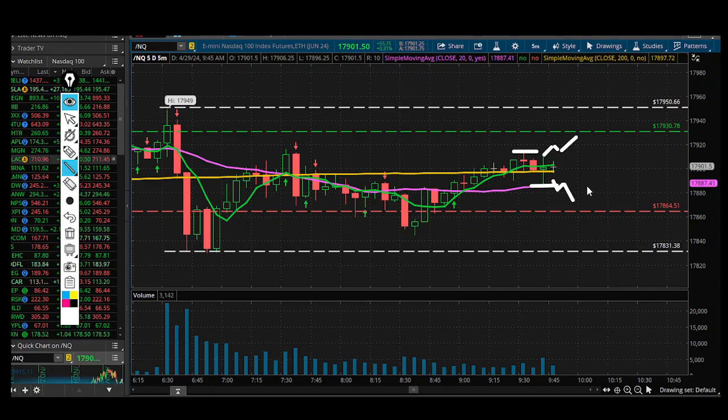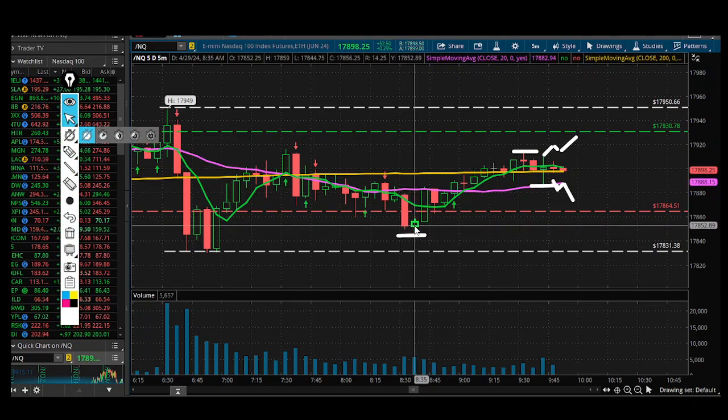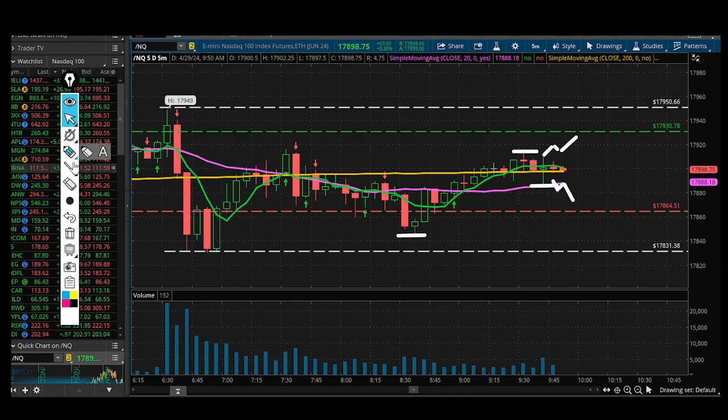I would be looking to take profits into the next level of demand, which for me is these overnight session lows of around 17,860s. Anything below 860s potentially could be pushing down into that prior swing low at 8:35 a.m., which is a price of 17,844. And anything below that, 17,831, which is that opening range low of the day.